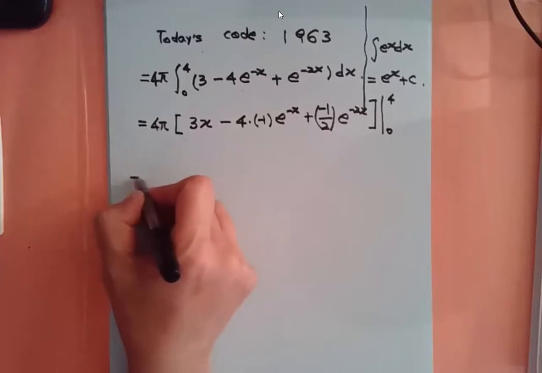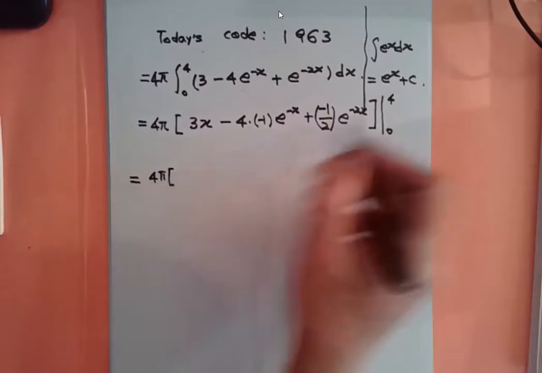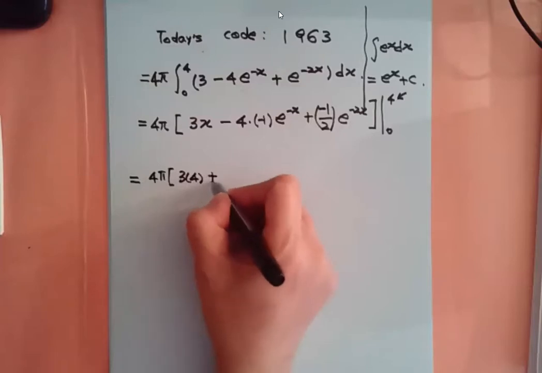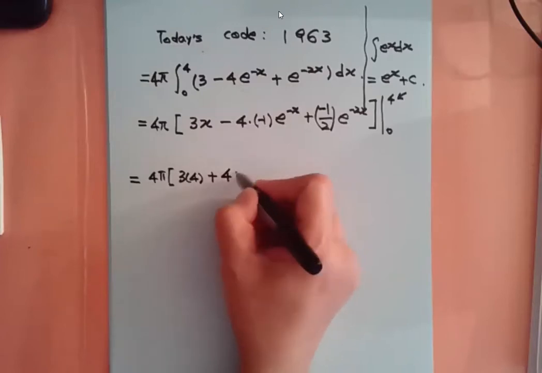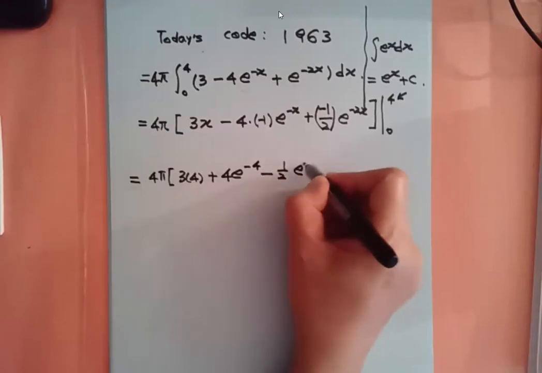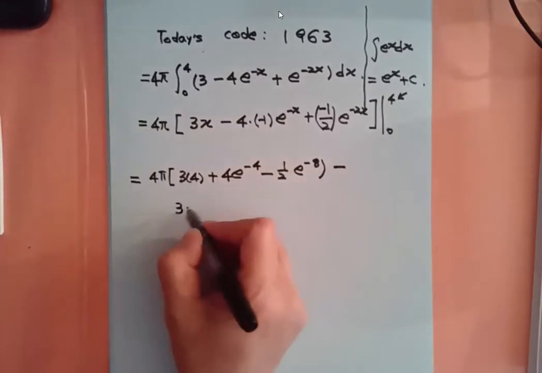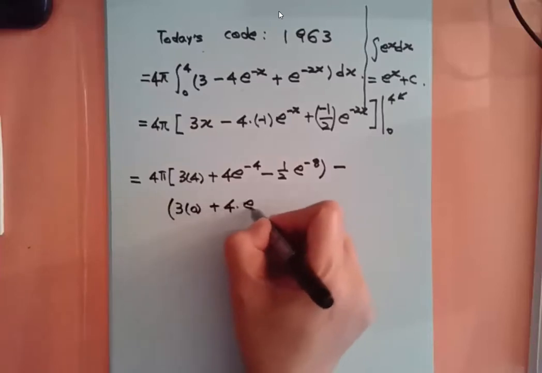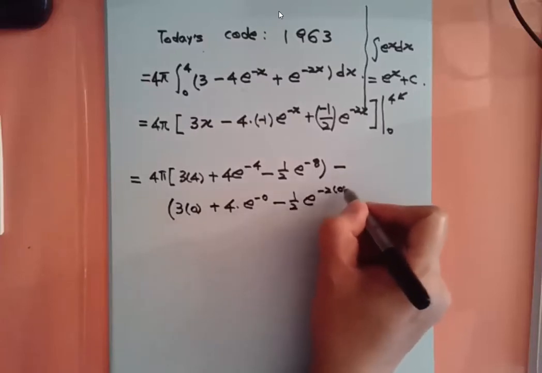The remaining step is just evaluating by plugging in the number. 4 pi, we evaluate at 4, 3 times 4 plus, so minus will make plus 4 times e to the minus 4 minus 1 over 2 e to the minus 8, minus 3 open parenthesis, 3 times 0 plus 4 times e to the minus 0 minus 1 over 2 e to the minus 2 times 0.